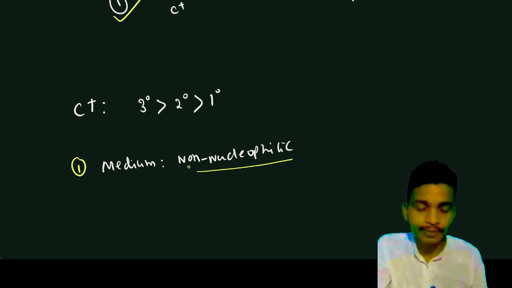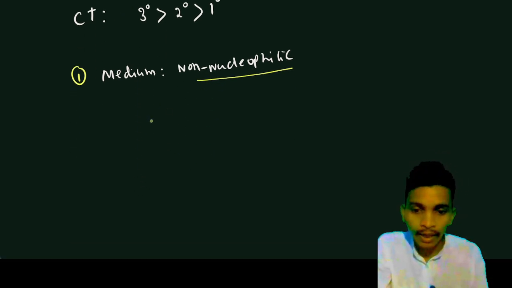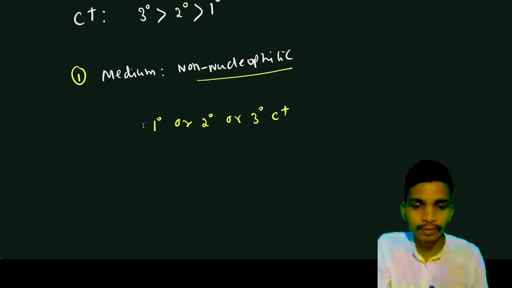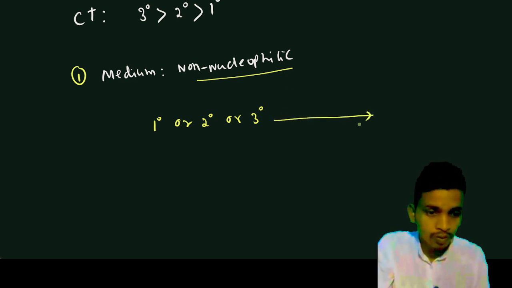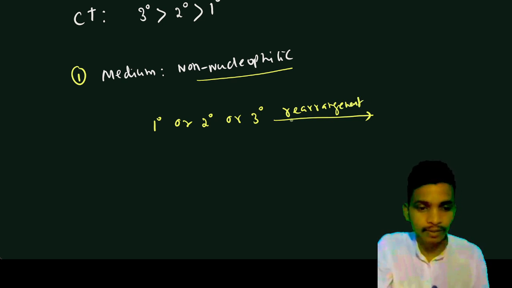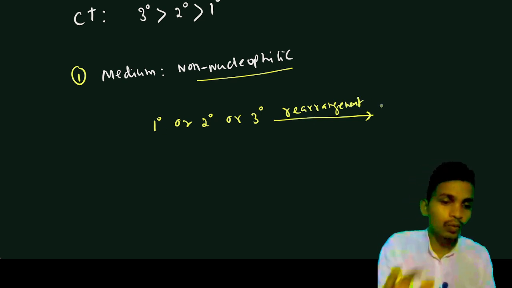Then what will happen in this case? Either it is a 1 degree carbocation, or a 2 degree carbocation, or it may be a 3 degree carbocation. Any of them, 1 degree, 2 degree, 3 degree, will do the rearrangement.